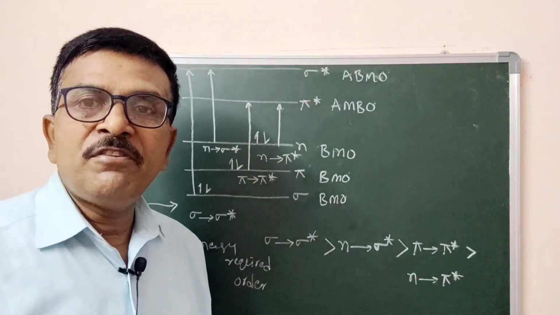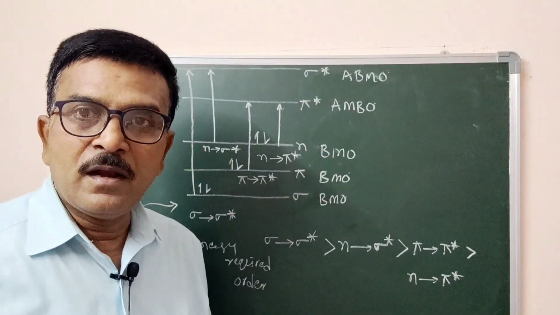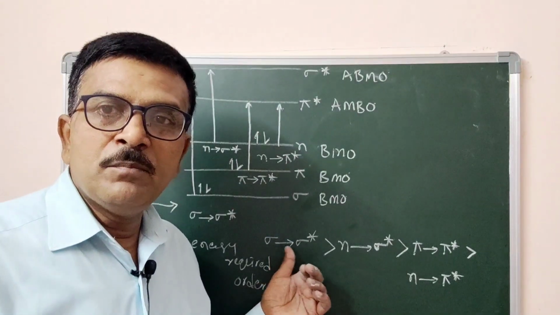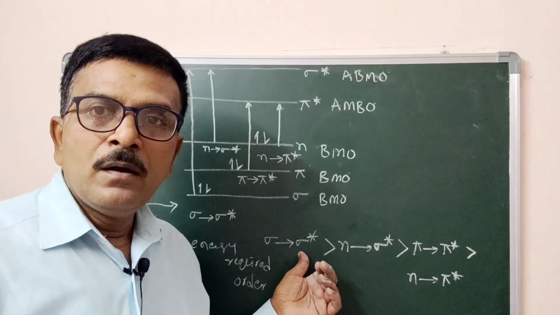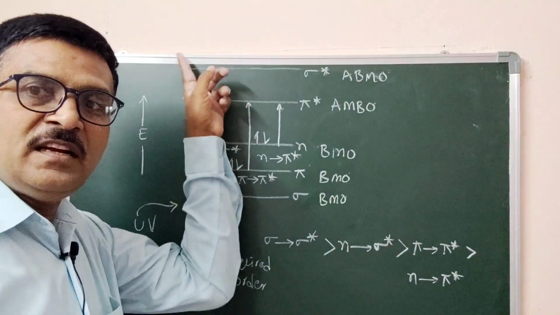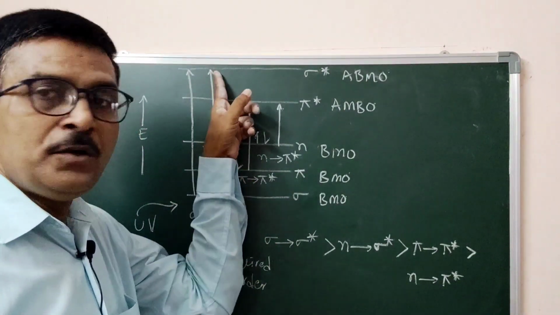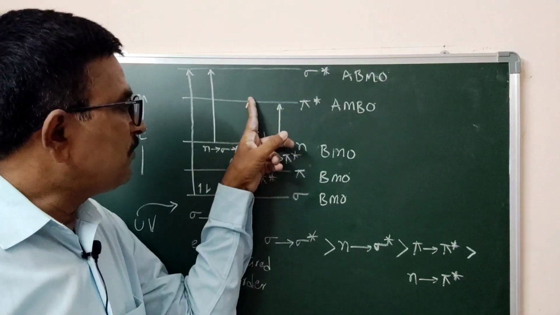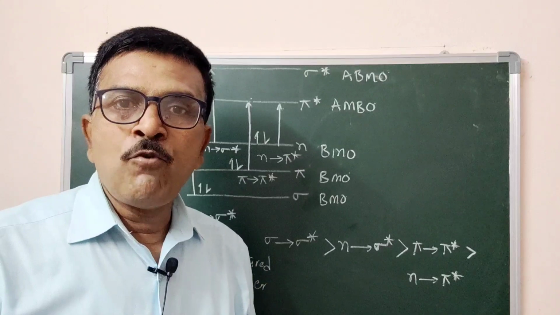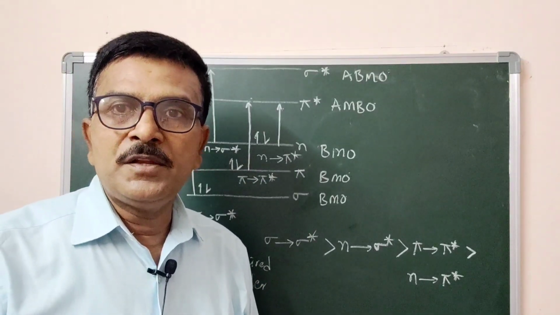According to the energy differences between bonding molecular orbitals and anti-bonding molecular orbitals, for electronic transition of sigma to sigma star, the energy required is more as the gap is more, when compared with the energy difference for n to sigma star, pi to pi star, n to pi star orbitals. So these are the 4 types of electronic transitions that happen inside the sample molecule.